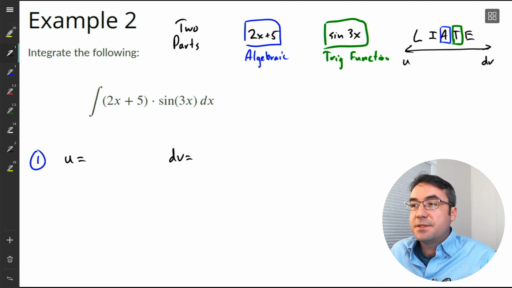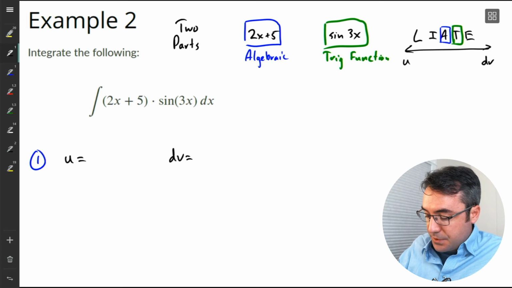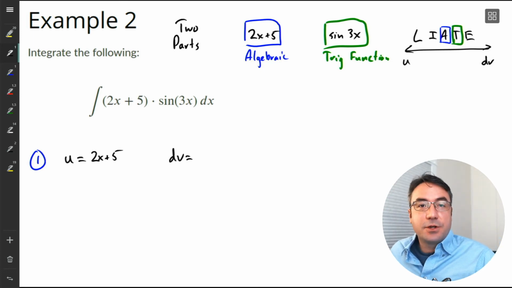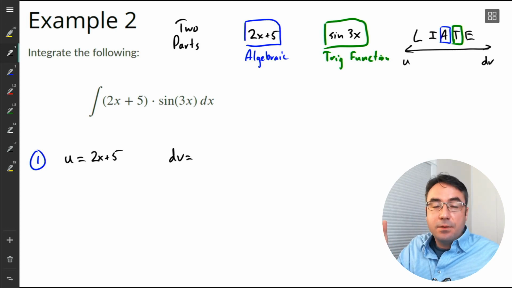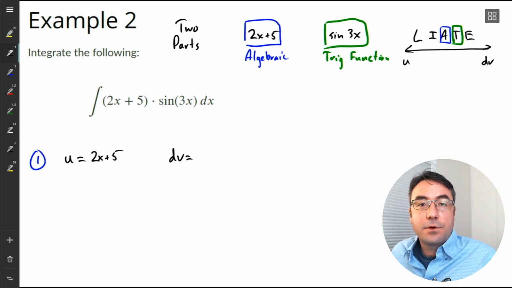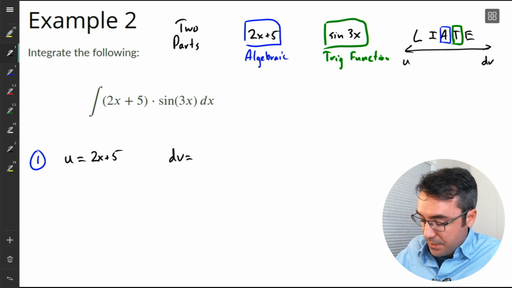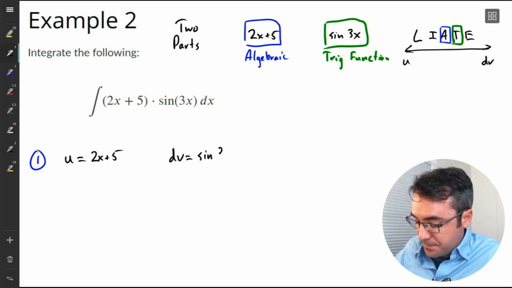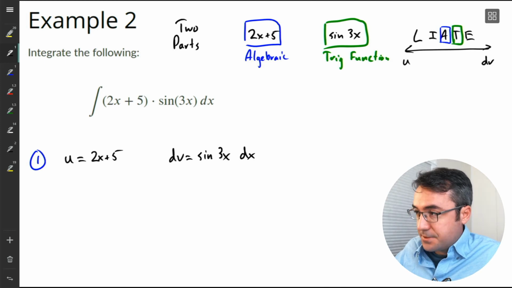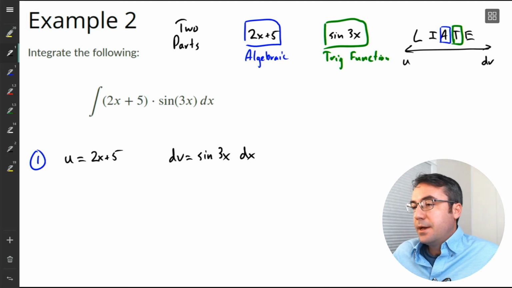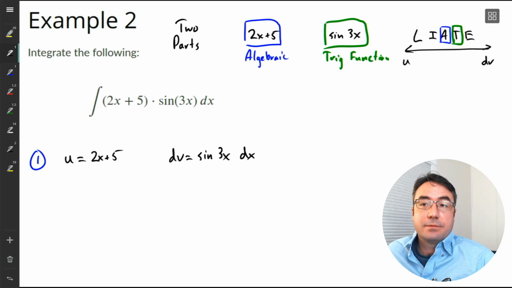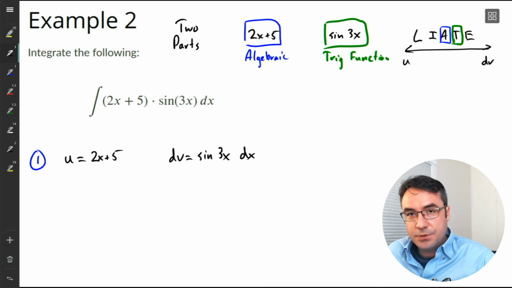So looking at this, my algebraic function is further to the left on our little list. So that's what I'm going to pick for u. And the trig function, sine of 3x, is further to the right. So that's what we pick for dv. So it'll be sine of 3x dx. All right, so that's the hard part, choosing u and choosing dv.